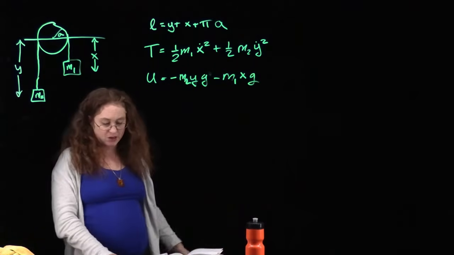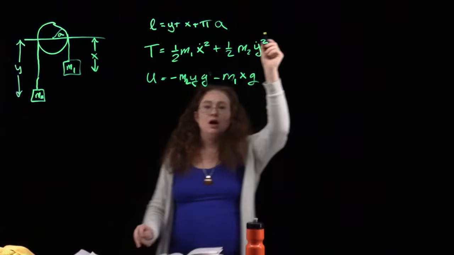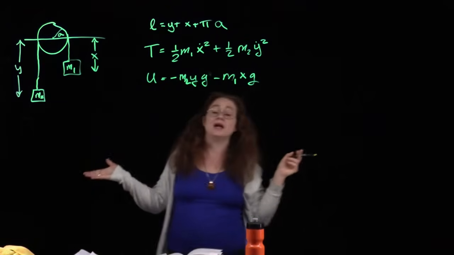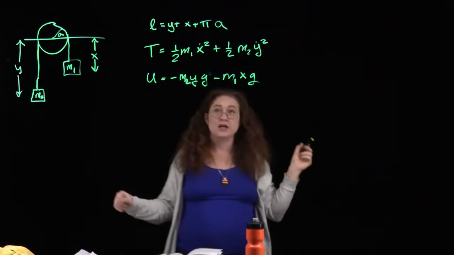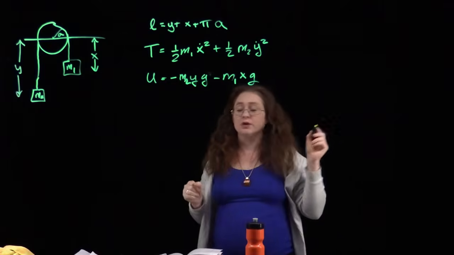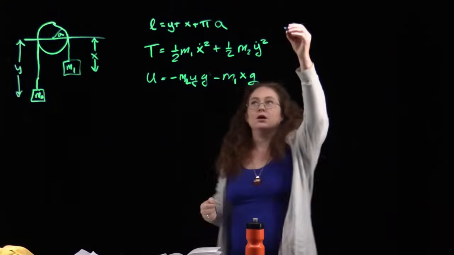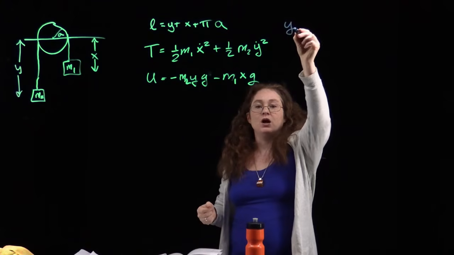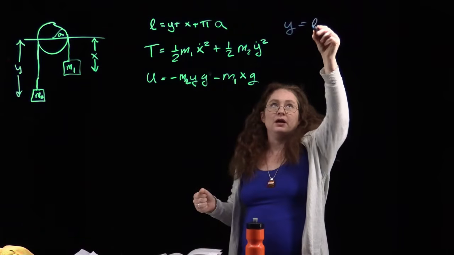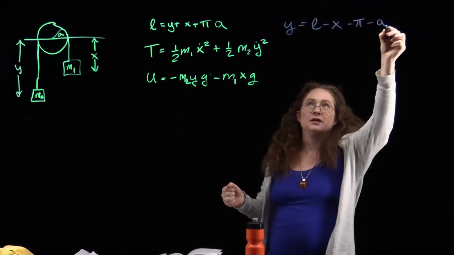And then here's how I'm going to use my equation of constraint. I want to eliminate either x or y, either x dot or y dot. So I am going to use this equation. I can write y equals L minus x minus pi a.